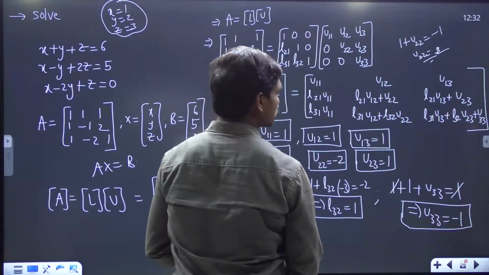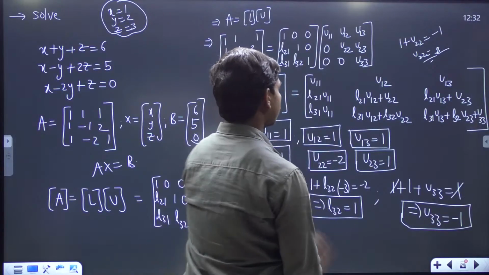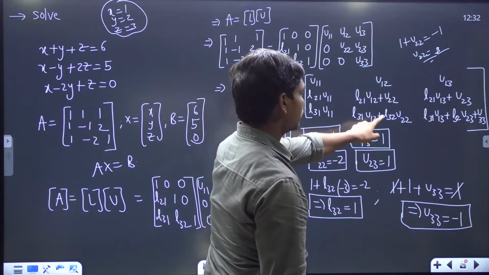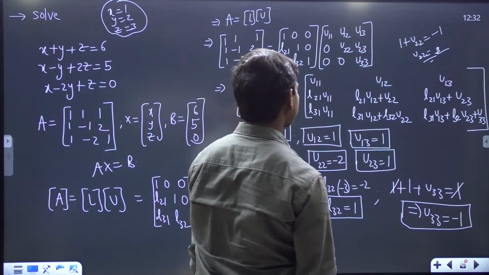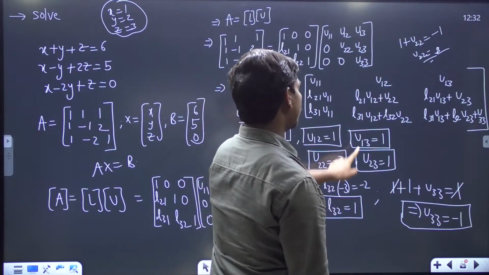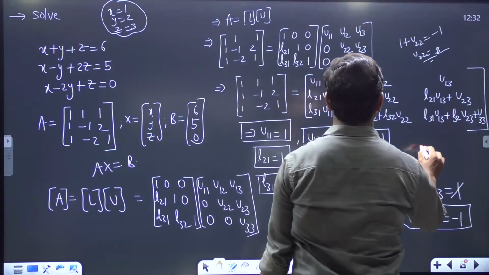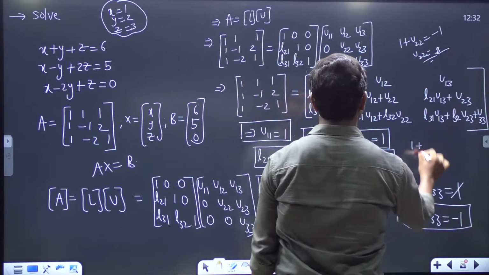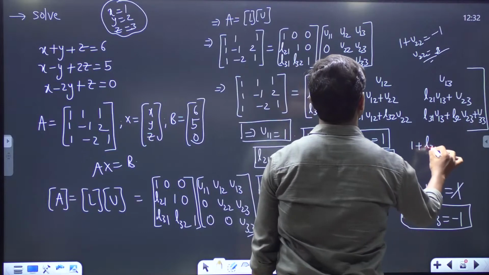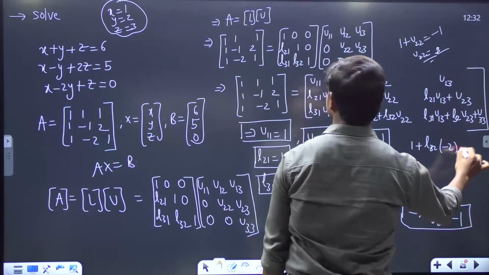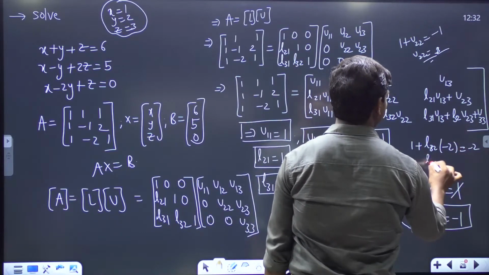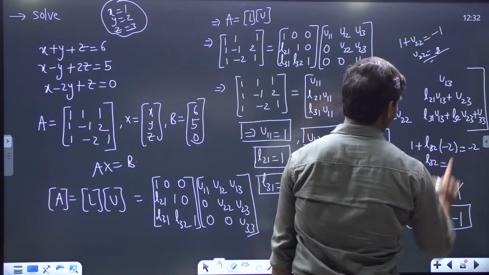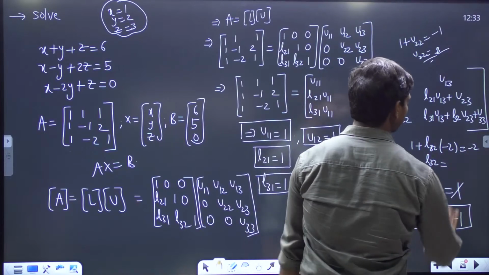Then wherever I have used U22, things change now. For this term you used U22. So if this term you use U22 here, L31 into U12 is 1. 1 plus L32 into U22 is equal to minus 2. So this implies L32 is equal to minus 3 divided by minus 2.